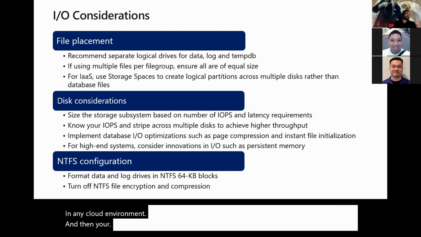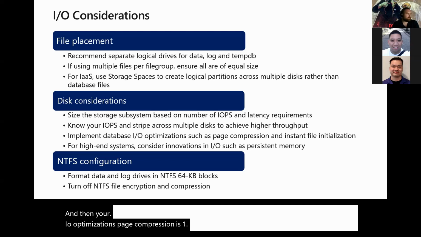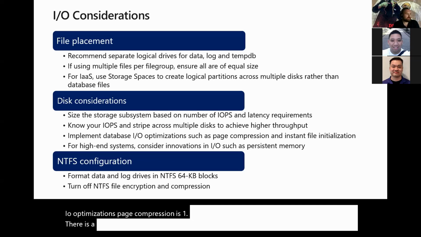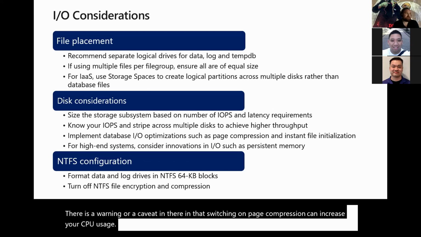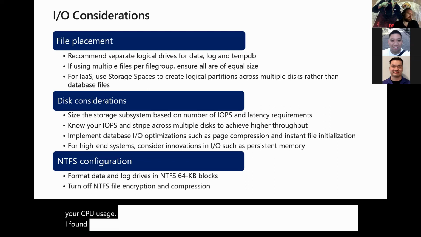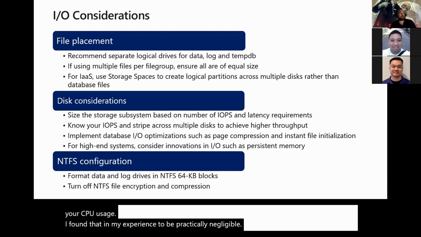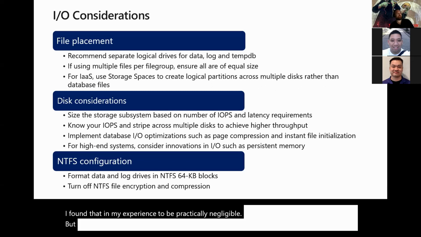And then your IO optimizations, page compression is one. There is a caveat in there, in that switching on page compression can increase your CPU usage. I have found that in my experience to be practically negligible, but I'm seeing like 75% savings on disk capacity.